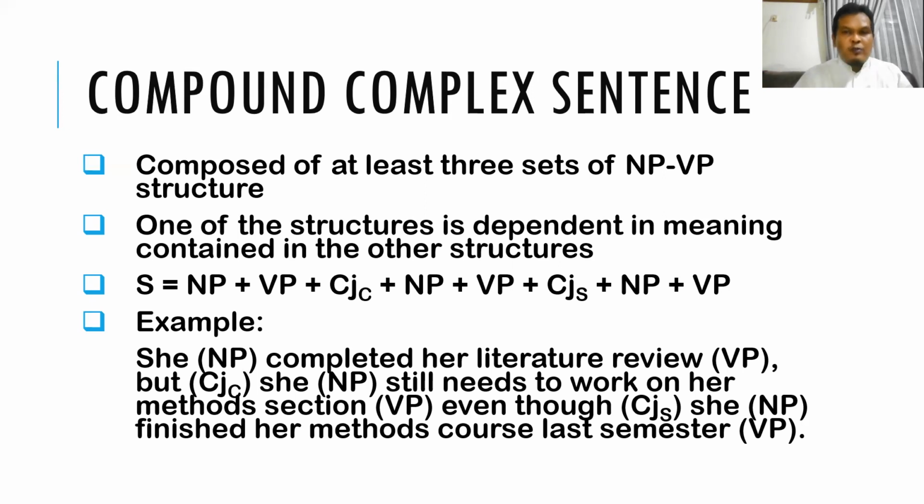When they have more than 2, for example 3 sets of NP-VP structure, that sentence belongs to a compound complex sentence. I do believe that you can practice writing some sentences and try to categorize whether those sentences belong to a simple sentence, a compound sentence, a complex sentence, or a compound complex sentence.